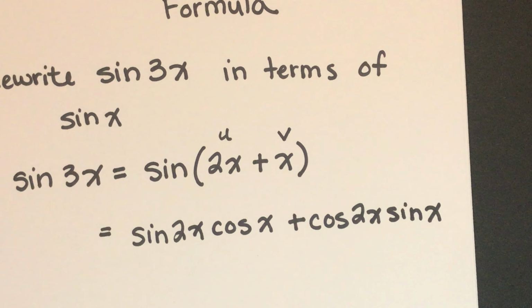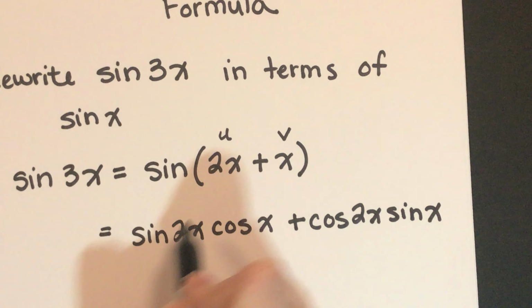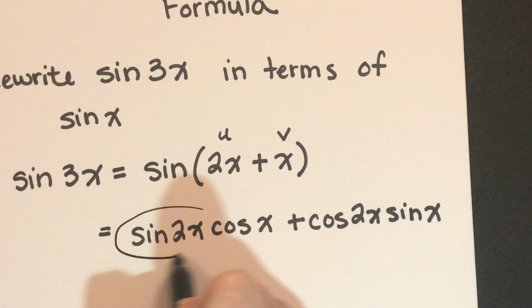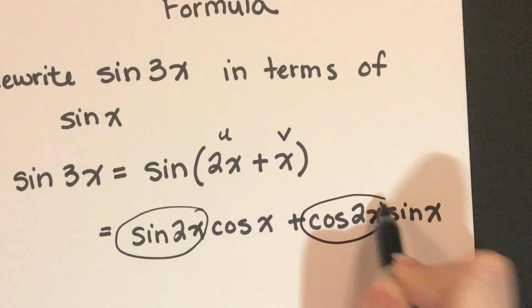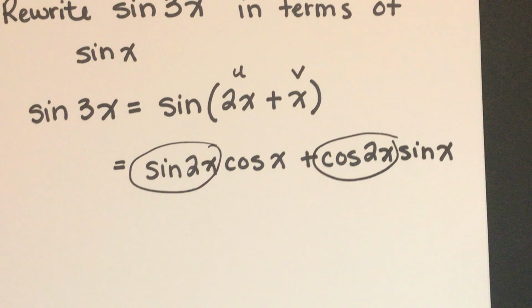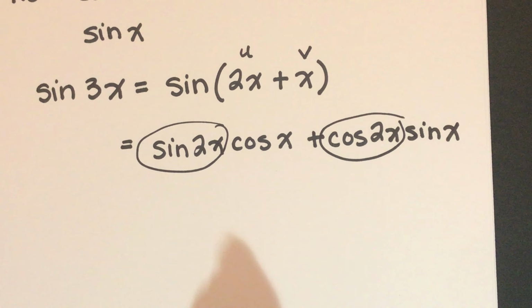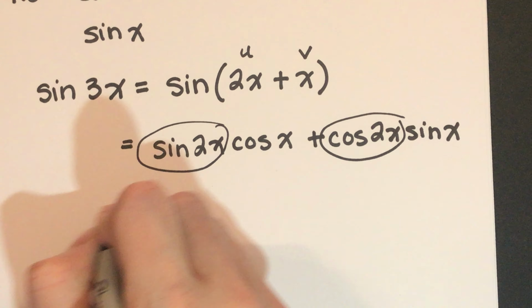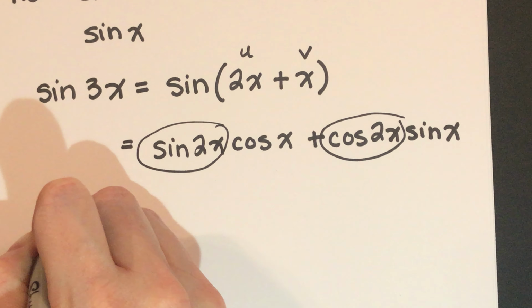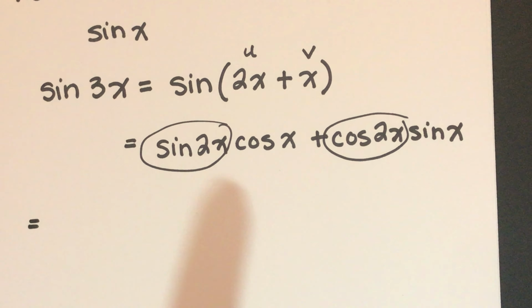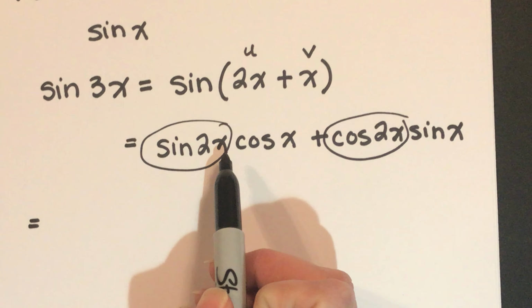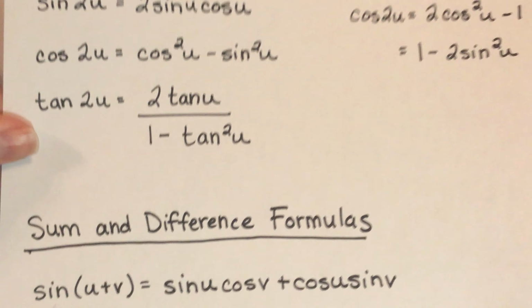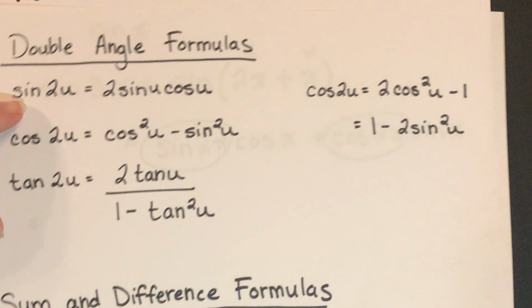Now, we're going to take care of this right here and this right here using our double angle formulas. We're going to break those down. I might scoot my equal sign over a little bit. Okay, so the sine of 2x, here's our formulas.